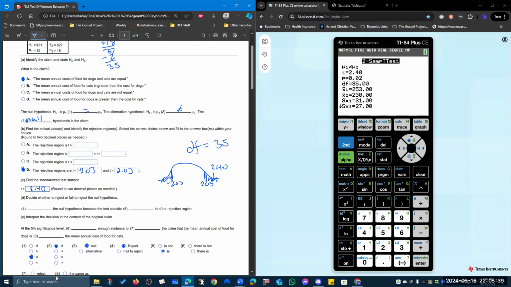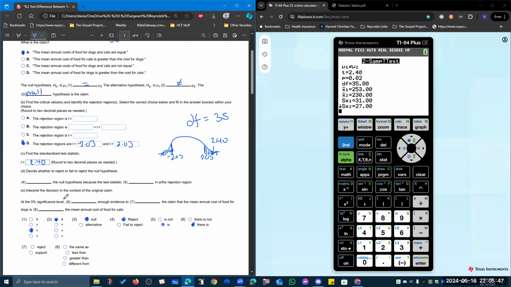So at the 5% level of significance, there is enough evidence to reject the claim that annual food costs for dogs is the same as the mean annual cost of food for cats.